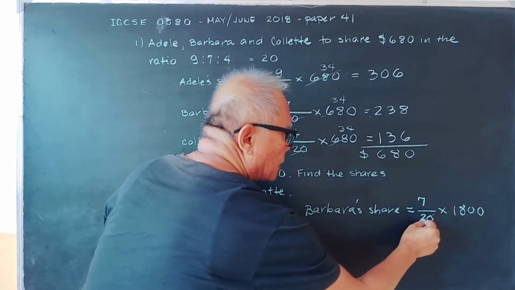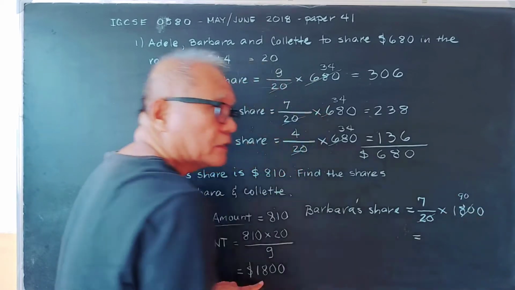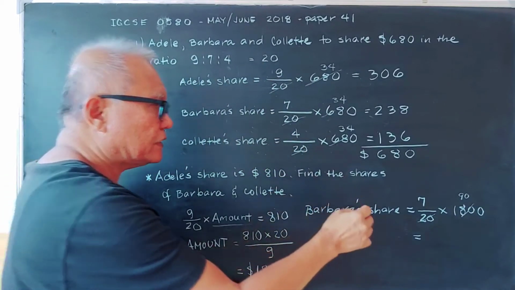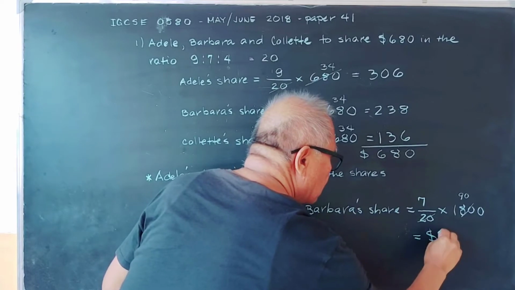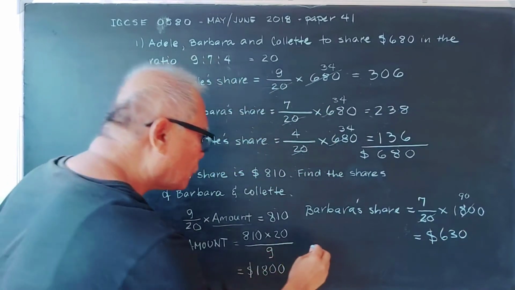Of course, you can divide 1,800 by 20, which gives you 90. So it's easy now. 7 times 90 is $630.